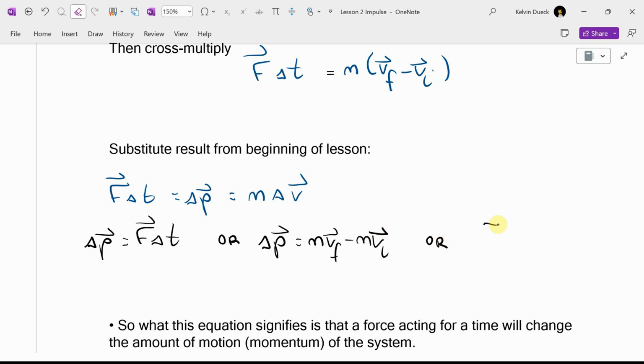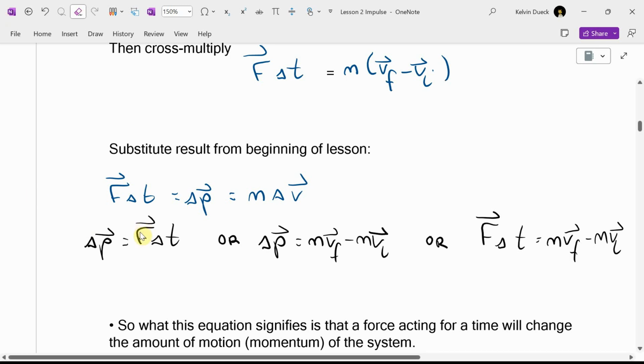Or sometimes you can say force times change in time equals m v final minus m v initial. If you want to, you can write those three versions right next to the impulse equation, but you might not need to, because that's what that line is saying. It's saying each of those can equal each other, mix and match to your heart's content. It's technically got three little equations baked inside of it.